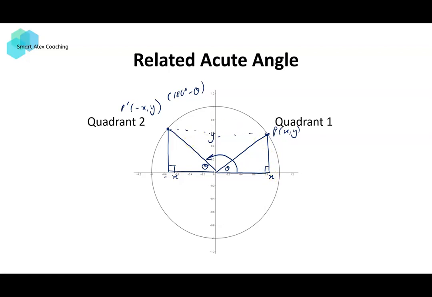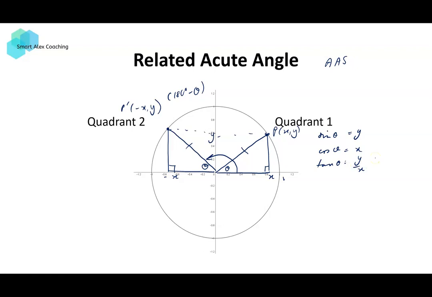These two triangles, I can prove that they are congruent using the AAS test, which states that two angles are the same. I've got my theta that are the same and my right angles that are the same. And these two sides are the same, being the radius of the unit circle. In quadrant 1 at P, I've got sine theta is equal to y, cos theta is equal to x, and tan theta is equal to y on x.